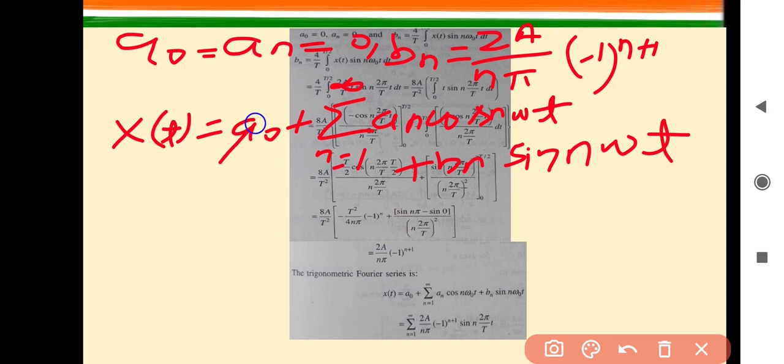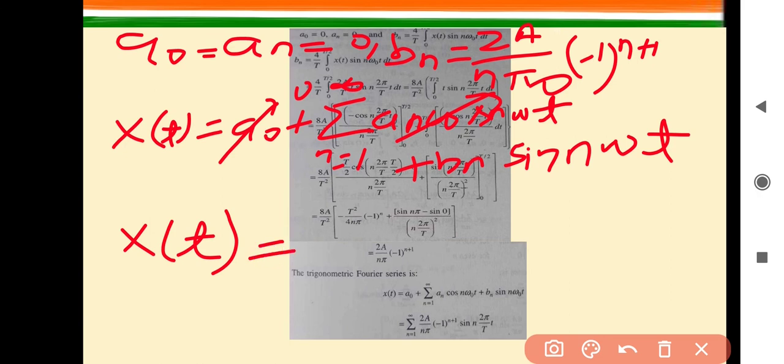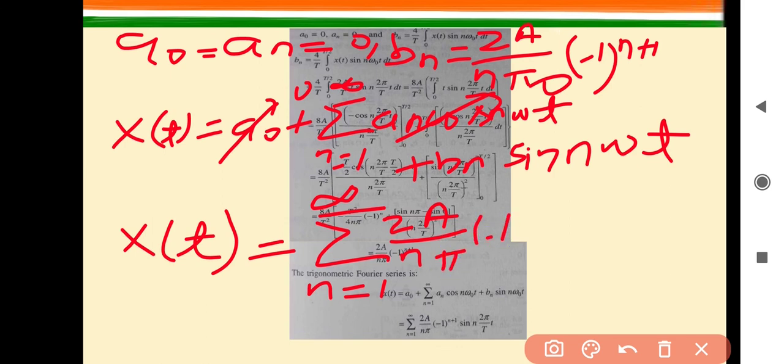Here value of a naught is 0, value of an is 0. We have to put here the value of bn only, which is equal to sigma n is from 1 to infinite 2a upon n pi into minus 1 power n plus 1. This is the value of bn multiplied by sine of n omega t.